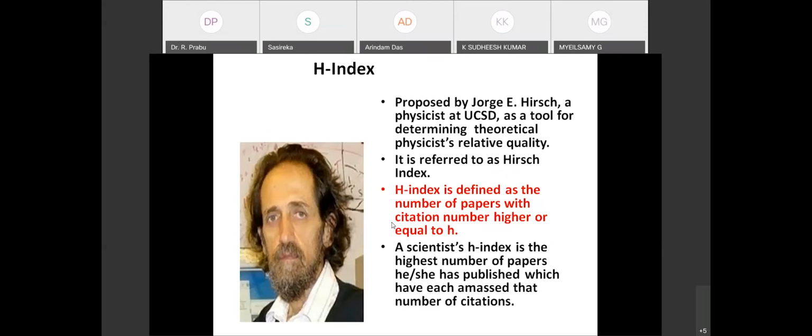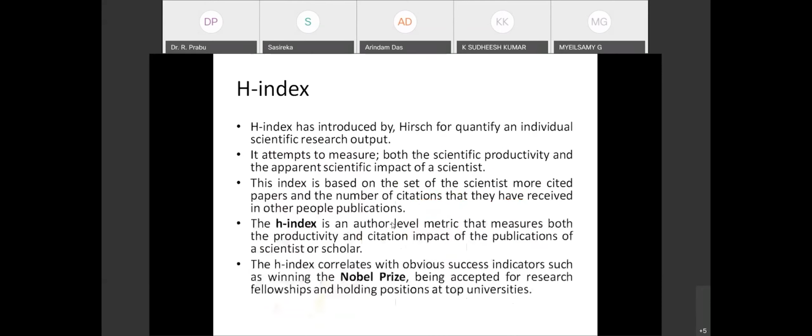A scientist's h-index is the highest number of papers he has published which have each received at least that number of citations. The h-index, as introduced earlier by Hirsch, quantifies an individual scientist's research output. He made an attempt to measure both the scientific productivity and the apparent scientific impact of scientists.